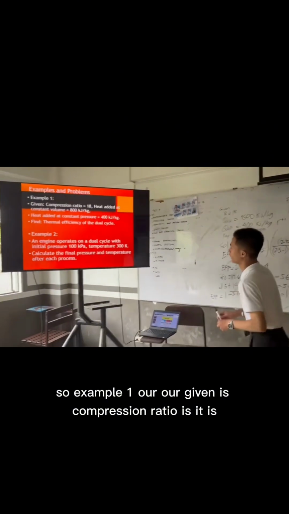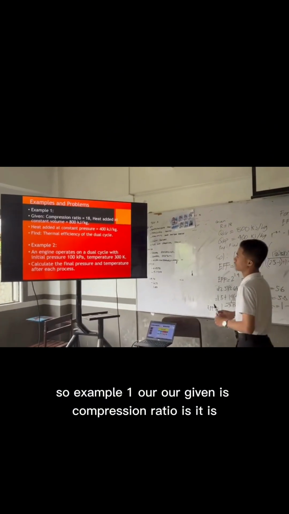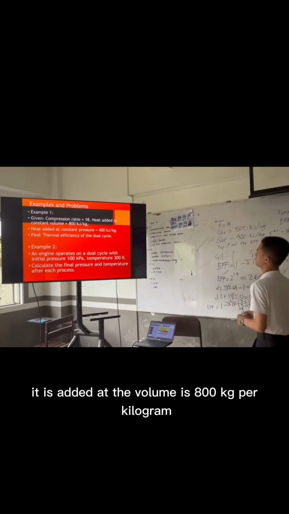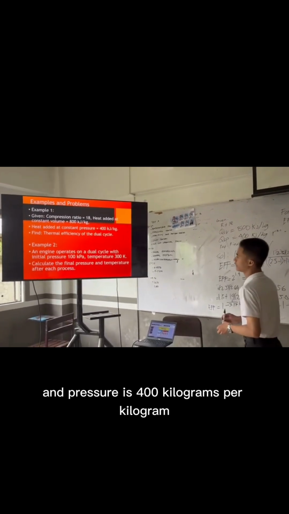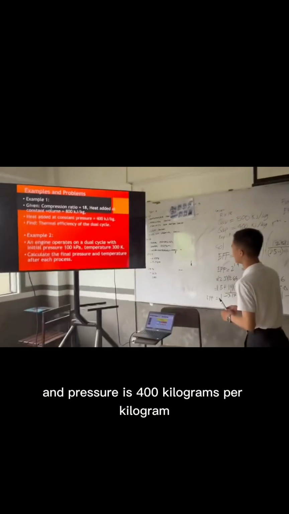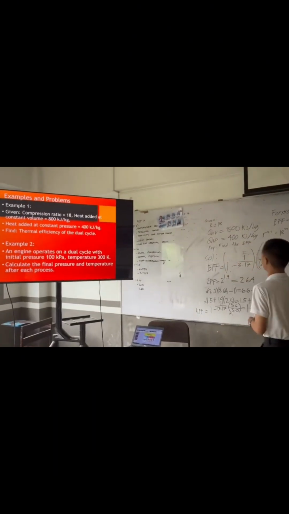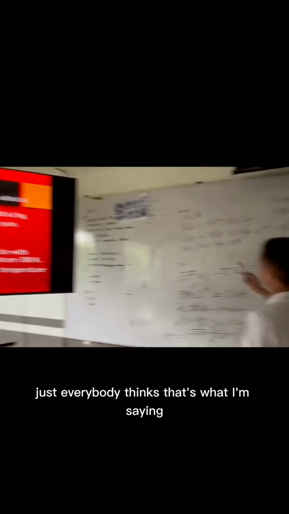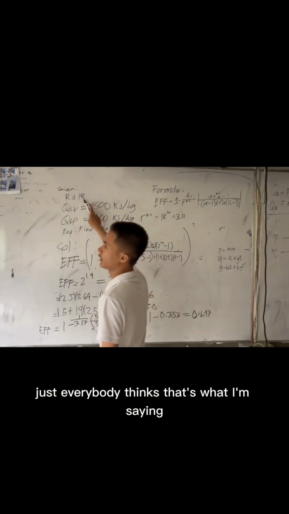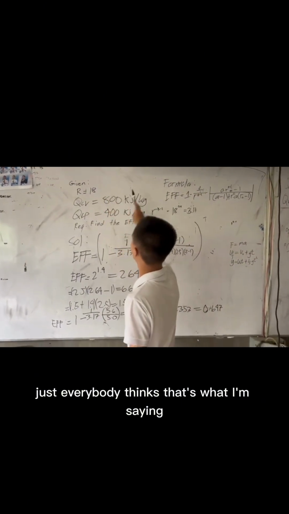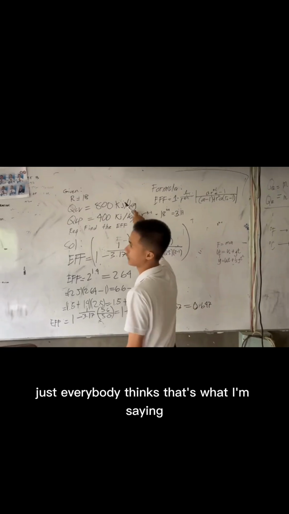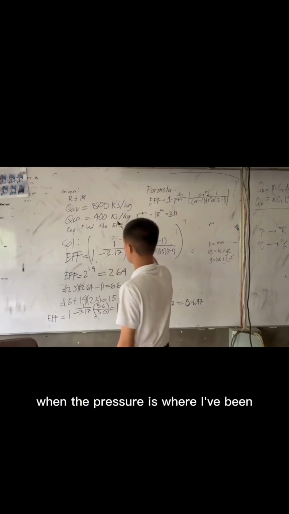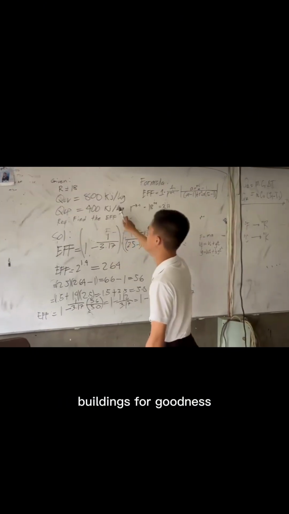So, example 1, our given: compression ratio is 18, heat added at constant volume is 800 kilojoules per kilogram, and heat added at constant pressure is 400 kilojoules per kilogram. Then our requirement is to find the thermal efficiency of the dual cycle. So here are our givens: 18 compression ratio, 800 kilojoules per kilogram at constant volume, then heat added at constant pressure is 400 kilojoules per kilogram.